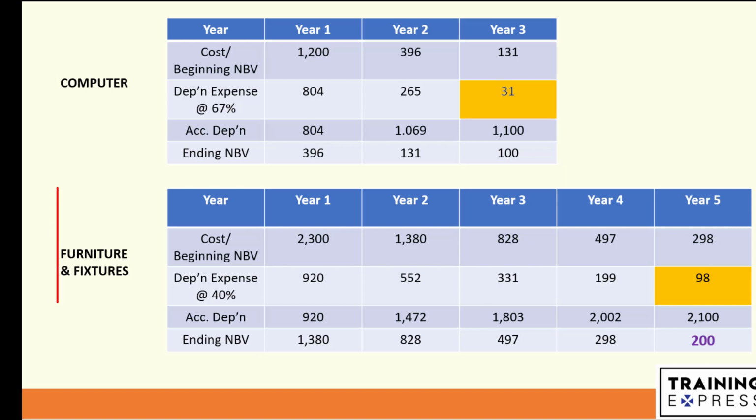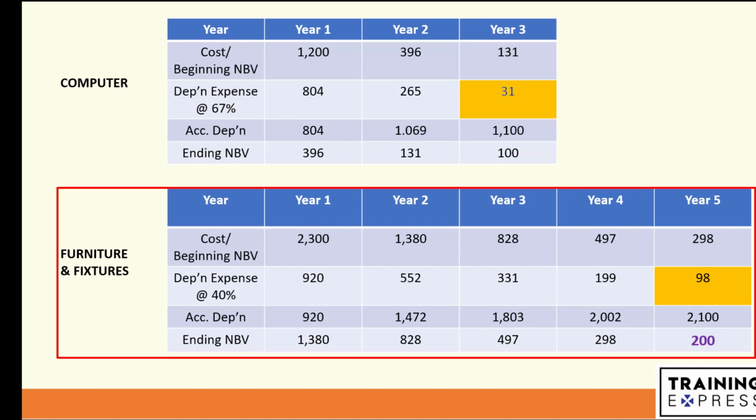Similarly, for furniture and fixtures, year number 1, we will start with cost $2,300. Depreciation expense, we calculated at 40%, so it will be $920. Accumulated depreciation first year will be the same $920, and ending net book value will be $1,380.